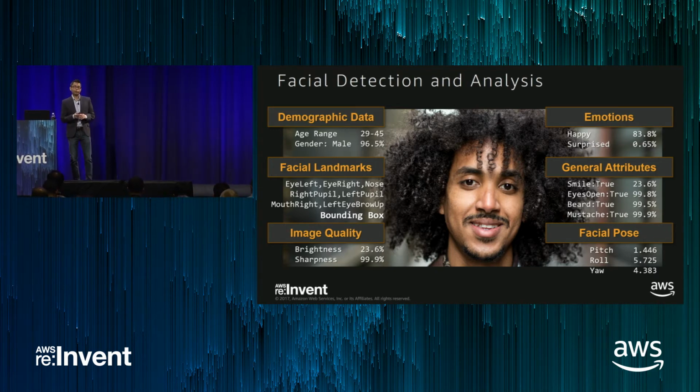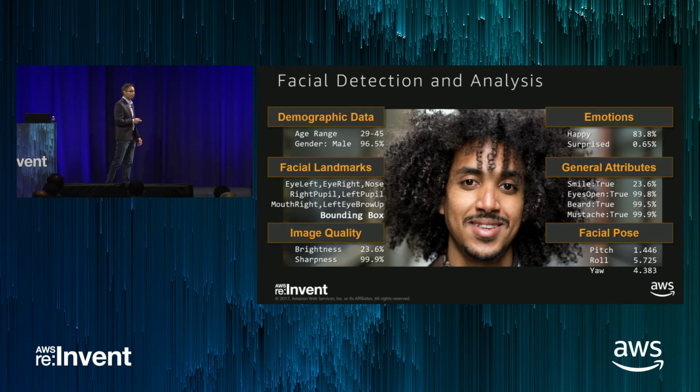We also have a set of general attributes which are interesting in their own right. We have things like whether the person is smiling or not. You also get facial hair, so whether somebody has beard, mustache, whether they're wearing glasses. And the interesting one here is something called eyes open.